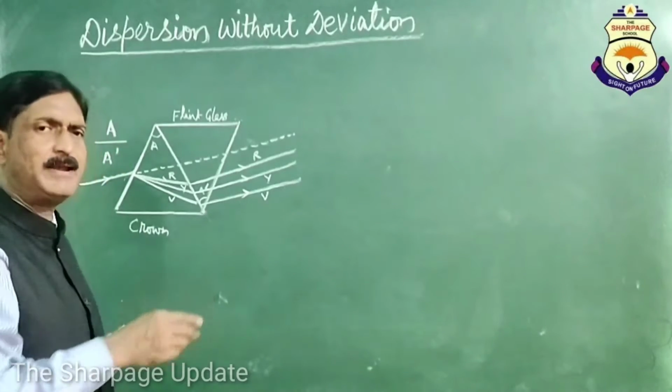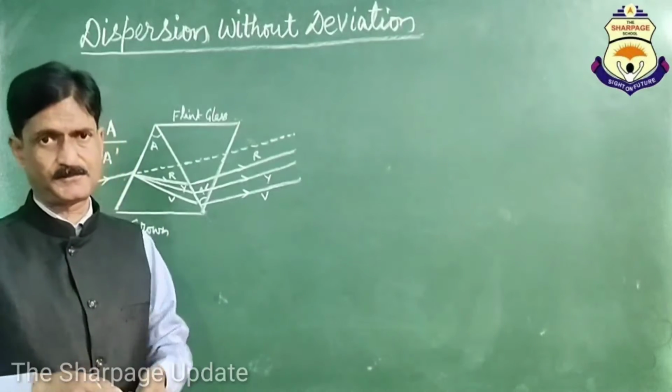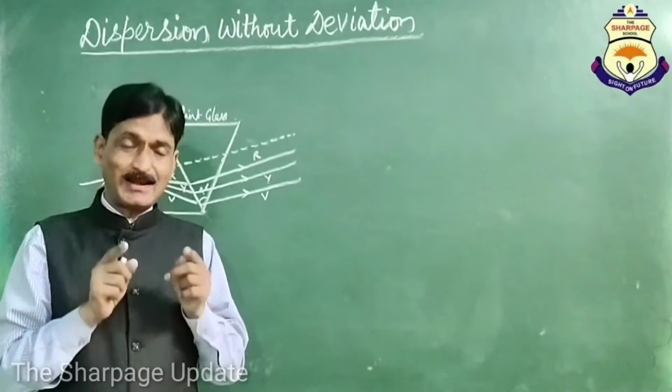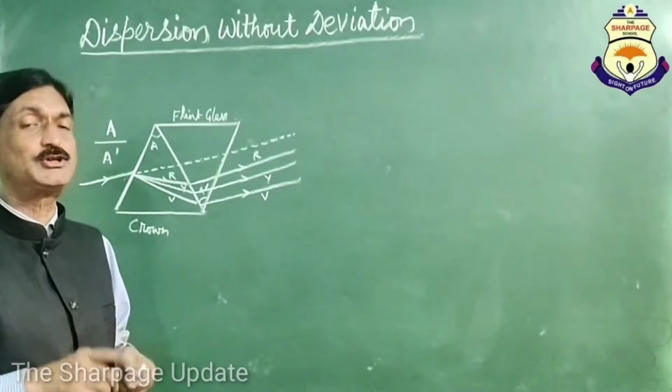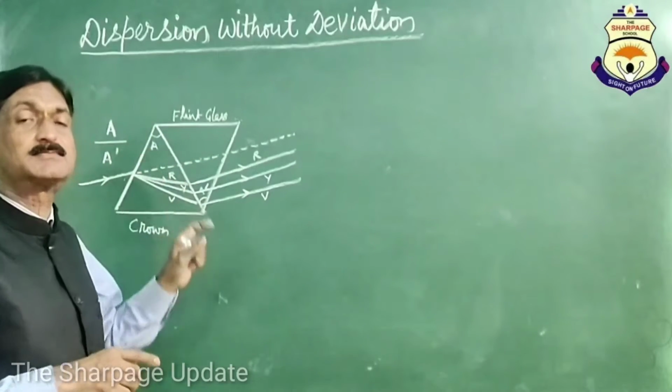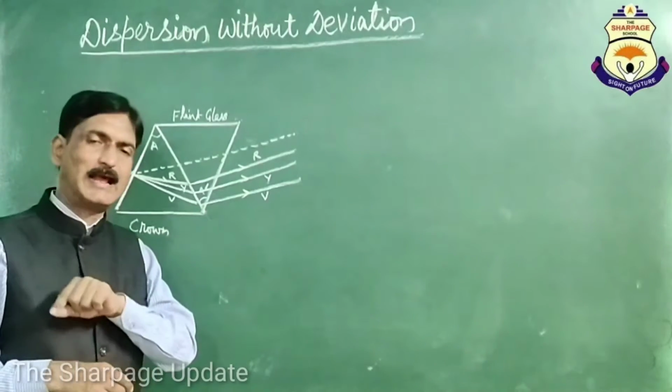It means there will be only dispersion but not deviation. So in this video, I am now finding the ratio of the angles of prism by mathematical calculation, that is, the value of A upon A dash.